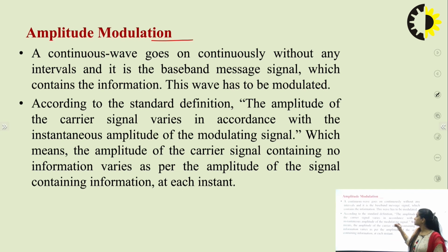When a continuous wave goes on continuously without any interval, and it is the baseband message signal which contains the information, this wave has to be modulated. Correct? Now, according to the standard definition, the amplitude of the carrier signal varies in accordance with the instantaneous amplitude of the modulating signal, which means the amplitude of the carrier signal, which contains no information, varies as per the amplitude of the signal containing information at each instant.